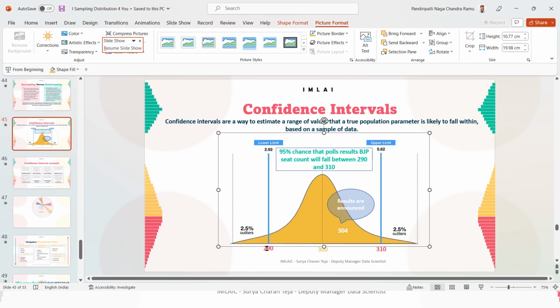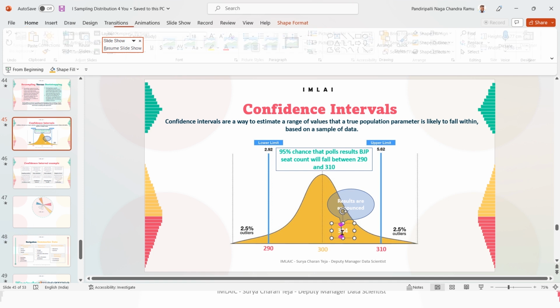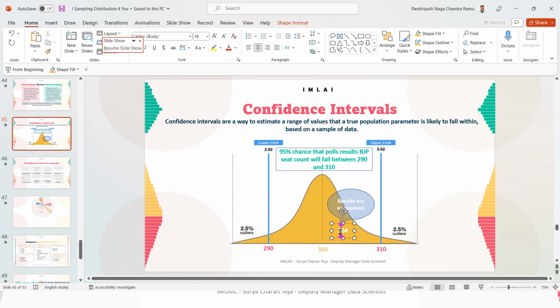This is the bracket given by the agency, 290 to 310. The results are announced, and the BJP got 304 seats. So now it has fallen in between the confidence interval that we have given, hence they're happy.